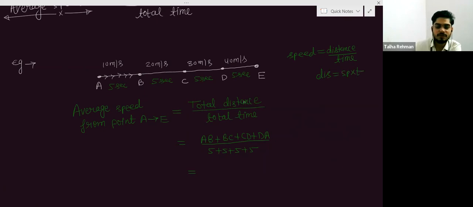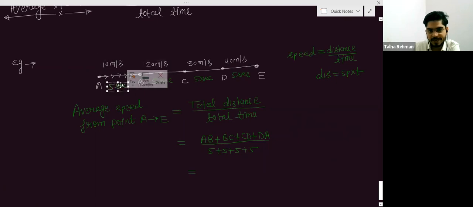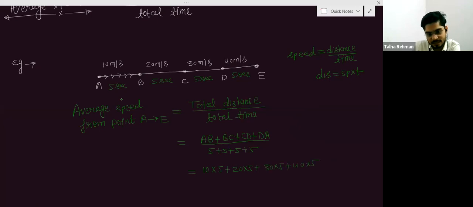So AB can be written as 10 into 5, BC as 20 into 5, CD as 30 into 5, DE as 40 into 5. And this is 20.